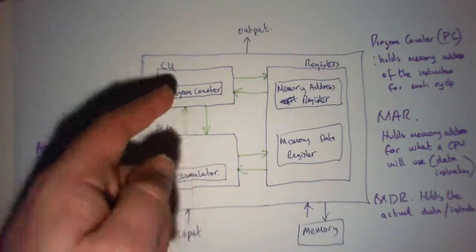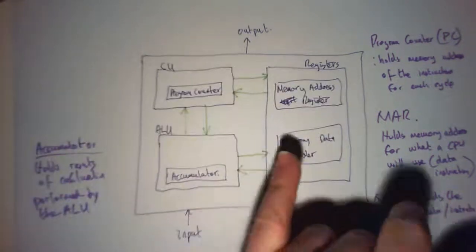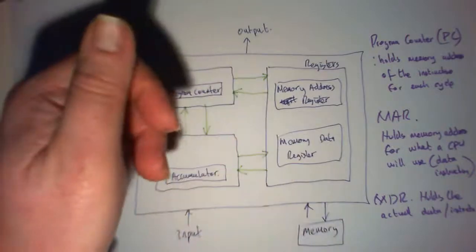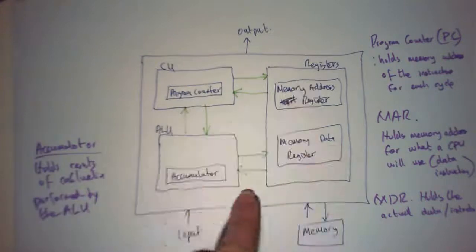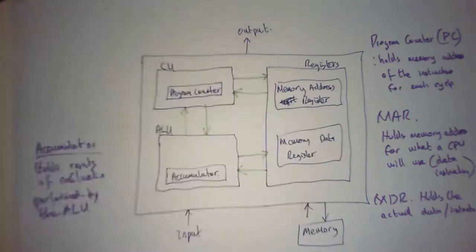The cycle keeps continuing, and this accumulator can build up a couple of things before it finally sends the last piece of information here. So when you get to the end point, the accumulator could release whatever you want it to release, depending on what you're asking it to do. So that's the basics of it. That's the von Neumann architecture.